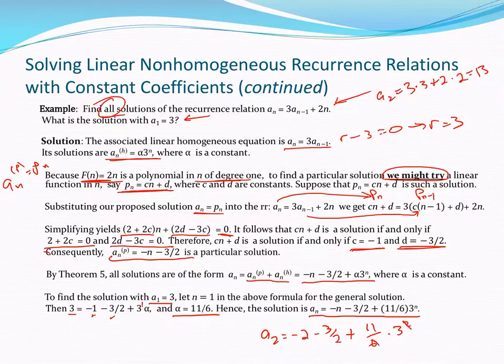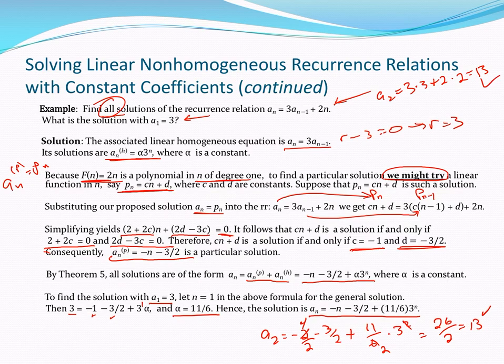Take off that square, we get a 2 down here. And this is 33/2 minus 3/2. That becomes minus 4/2. We get 26/2 equals 13. All right, so that's an example of a linear non-homogeneous recurrence relation solution.